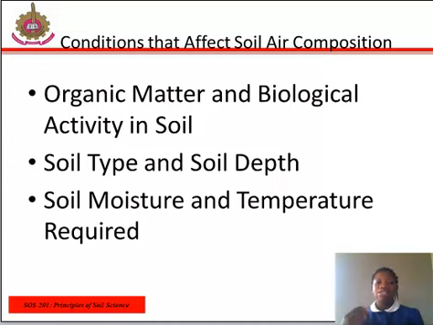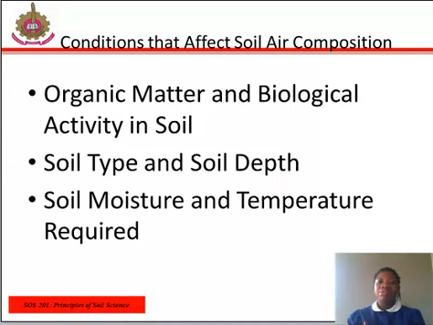Soil type and soil depth. Carbon dioxide increases with soil depth while oxygen decreases with depth, with the heavier soils becoming more deficient than lighter textured soils in the subsoil layers. Soil moisture and temperature. Marked seasonal variation in the composition of soil air could be attributed to soil moisture and temperature differences.